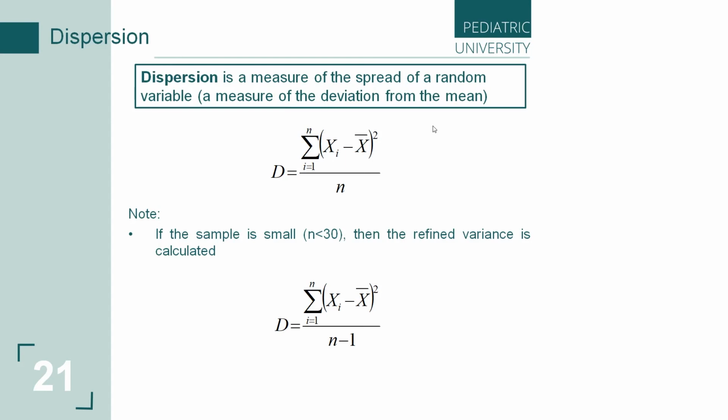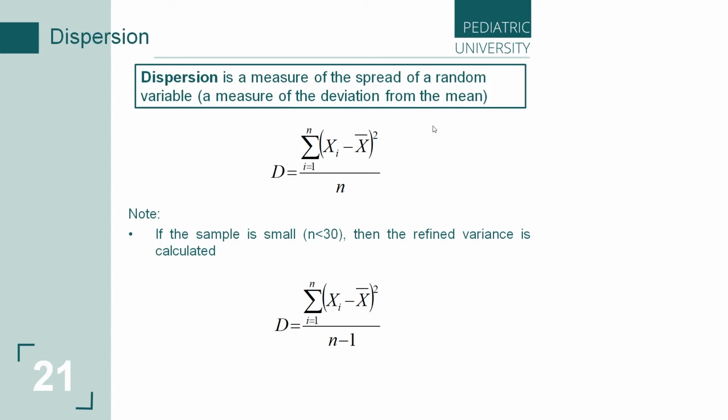This slide shows the formula that you will be using in your statistics class, and I said in the last lecture that in the next lecture there will be special formulas which we will use in our practice lessons.